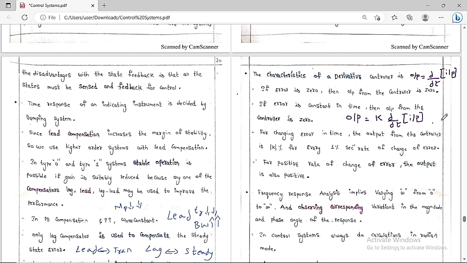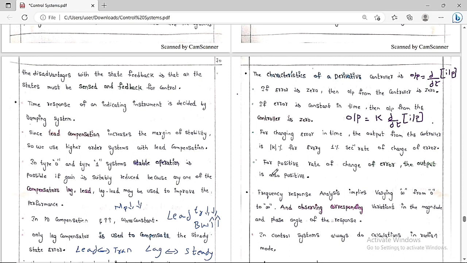This is the exact relation between the output and input of the derivative controller. Means for a 1% rise in error, the output changes by plus k percentage.